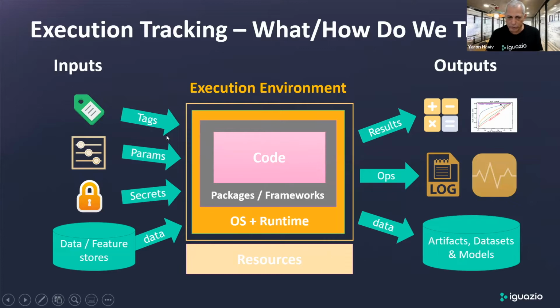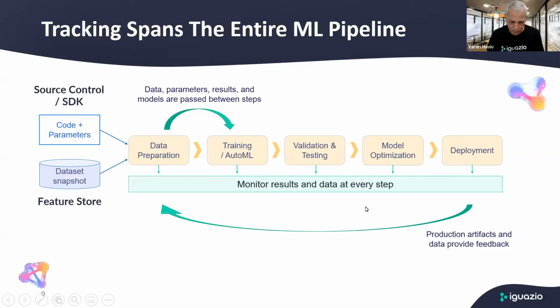So every time we record the inputs, we record the outputs, we record the environment, what kind of Python packages you installed and so on. We know how to go back in time and try to reconstruct exactly the same execution. This is the general idea about execution tracking.